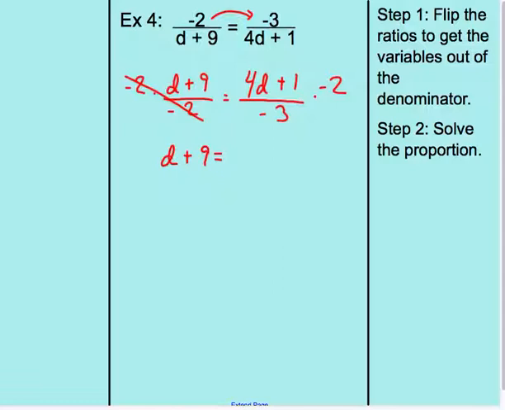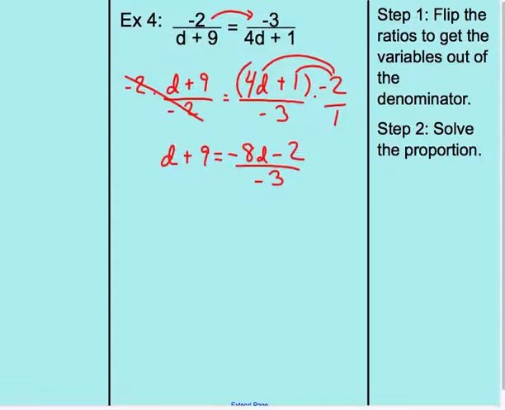And on the right-hand side, I must distribute that -2. Now remember, I'm not multiplying by -2 over -2. I'm multiplying by -2 over 1. So I'm going to distribute that -2 to my numerator, not my denominator. So we got -8d minus 2 over -3.